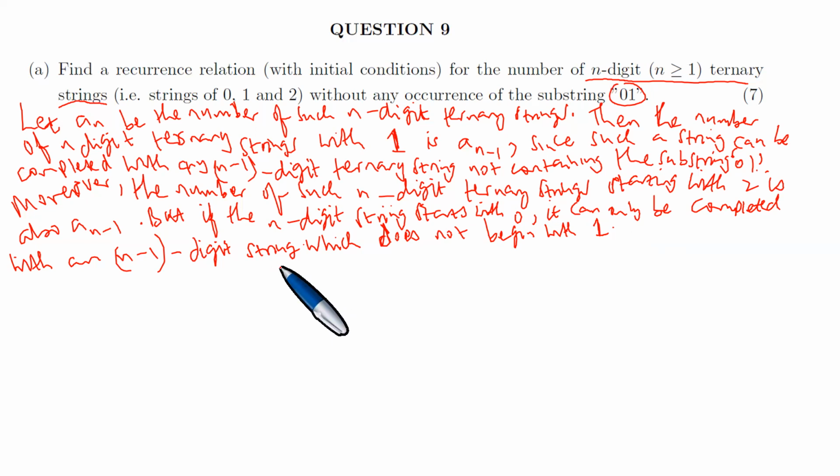Obviously, we are looking at a string that starts with 0. So surely it can be completed with an n minus 1 digit string which does not begin with 1. Why must the string not begin with 1? Because then you're going to have 0, 1, but you don't want 0, 1. So if you start with 0, then the n minus 1 digit string cannot begin with 1, because you're going to have 0, 1. So we avoid that.